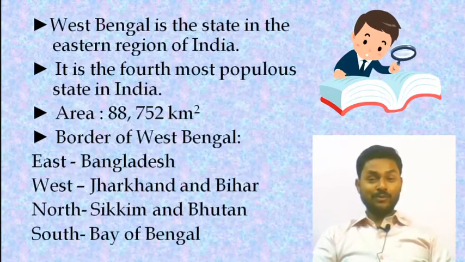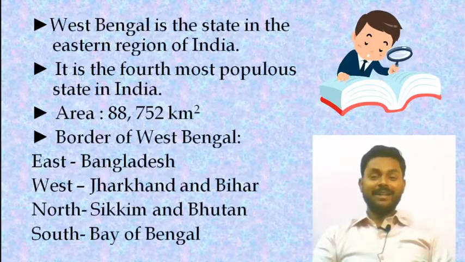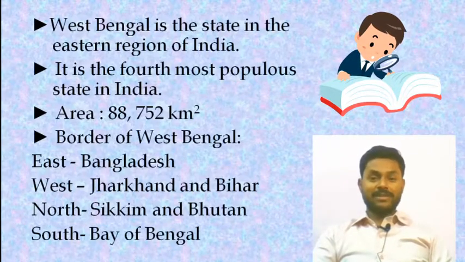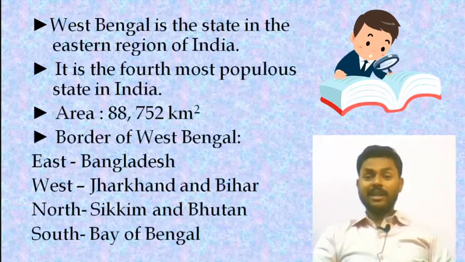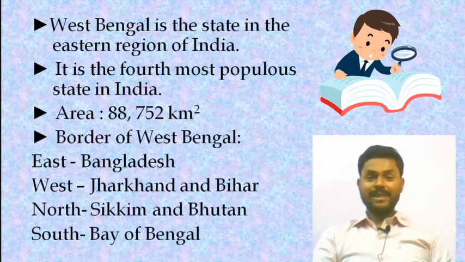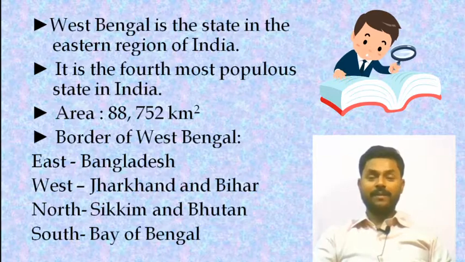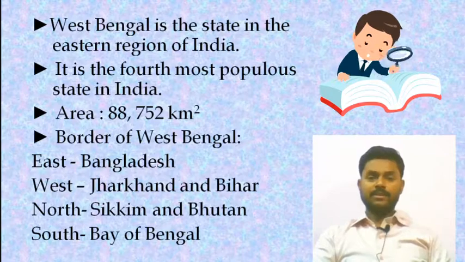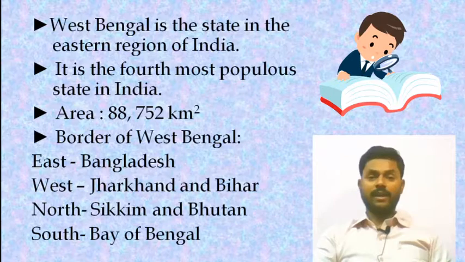So remember these two states' names because these two states are situated in the west side of West Bengal: Jharkhand and Bihar. Next direction is north, and in the north direction of West Bengal there are Sikkim and Bhutan. In the south side of West Bengal there is the Bay of Bengal.